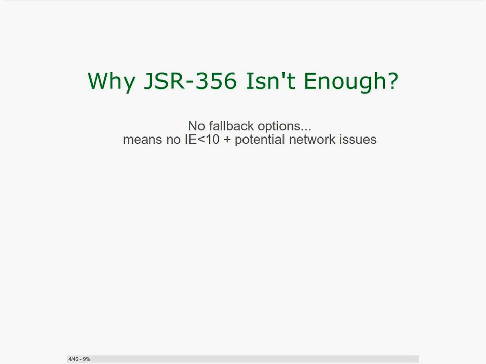First of all, the scope of the JSR does not include fallback options. The JSR, rightfully so, is primarily focused on supporting the WebSocket protocol. There was a lot that needed to be debated, discussed and decided within that particular scope.